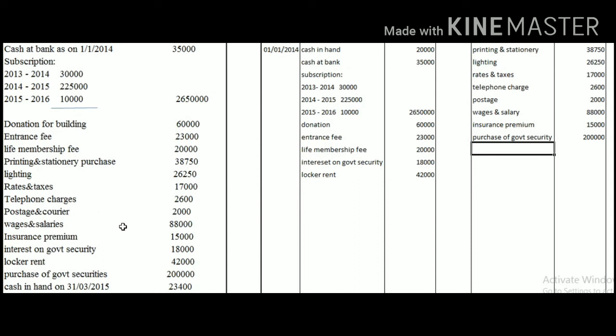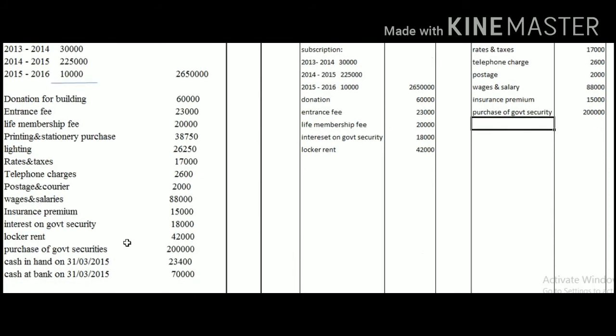The final procedure for the receipts and payment account is that on the payment side we have to write the balance carried down or closing balance of cash in hand and cash at bank. In this question, cash in hand is 23,400 and cash at bank is 70,000.